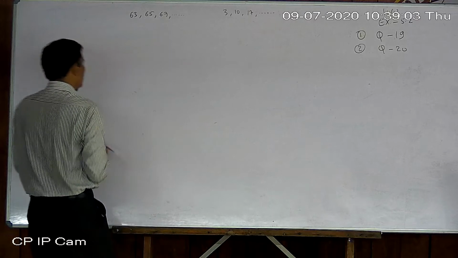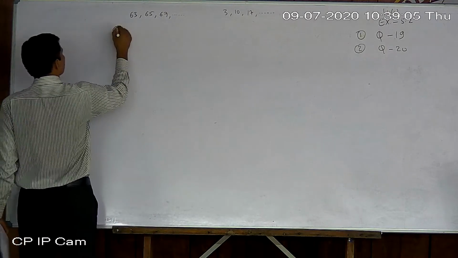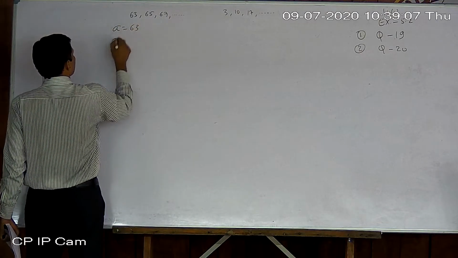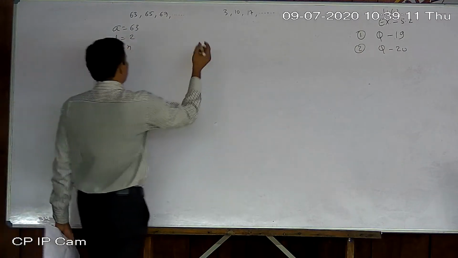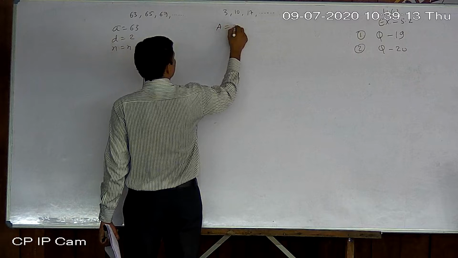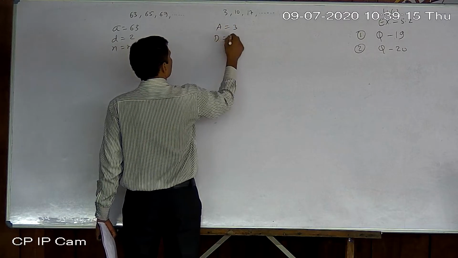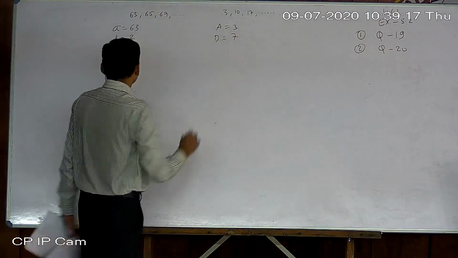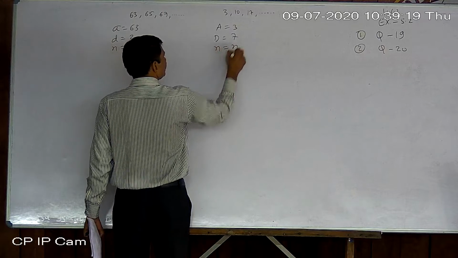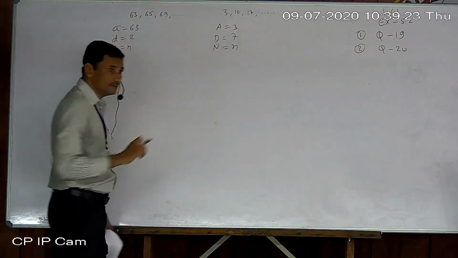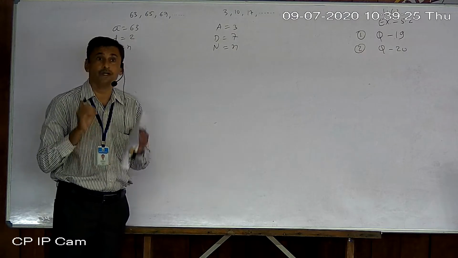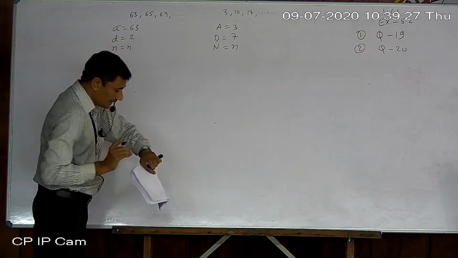Okay. So now understand, here a equal to 63, d equal to 2, n equal to n only. Now right here, a equal to 3, a different symbol must be there, d equal to 7 and n equal to n only. Both particular numbered terms are equal, both 20th term, both 23rd term, both 32nd term.